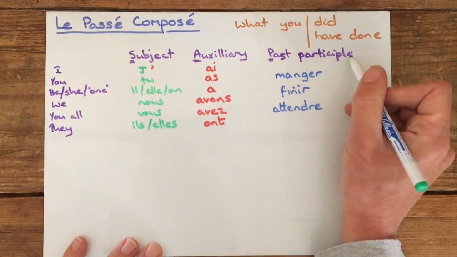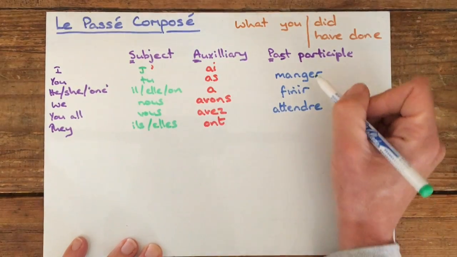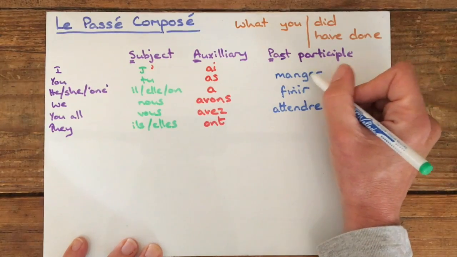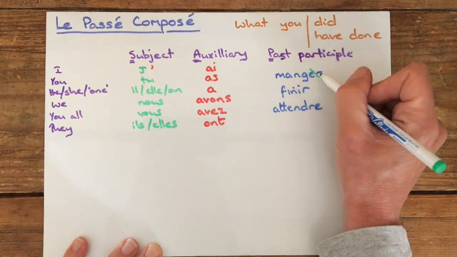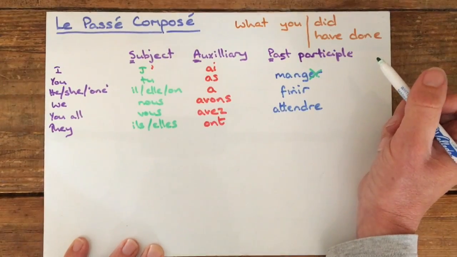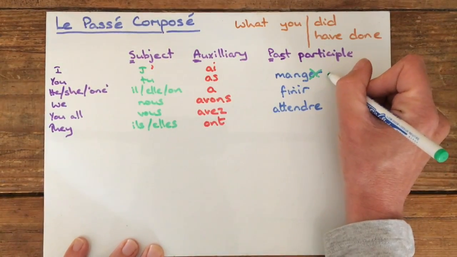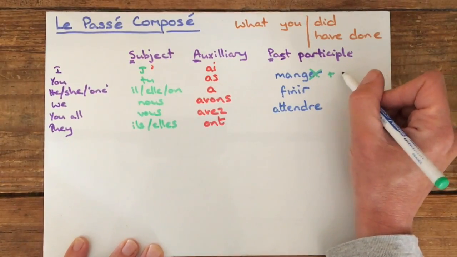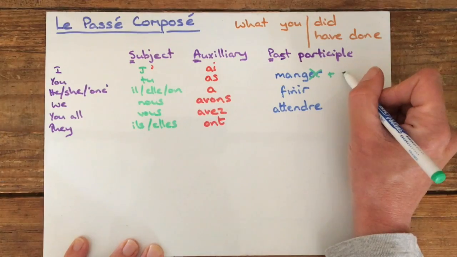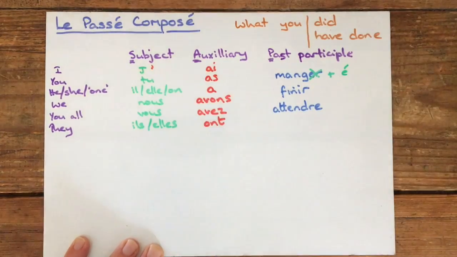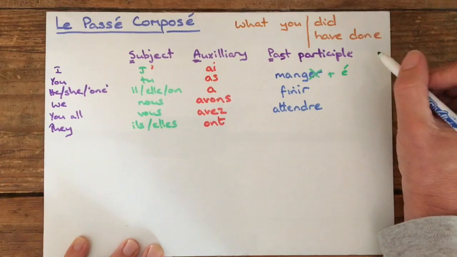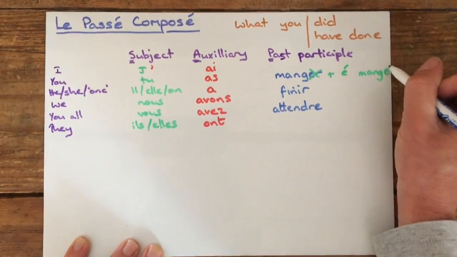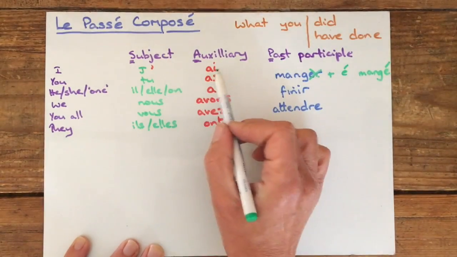So to make the past participle, the eaten instead of eat, manger, to eat in the infinitive, we need to take off that infinitive ending. So we get back to the eat, and then we need to make it eaten, so we need to put an ending on the end. Let's just write it out as one word. Mangé. J'ai mangé.